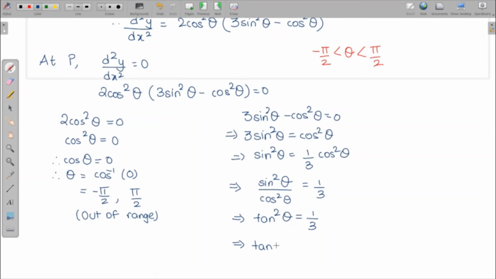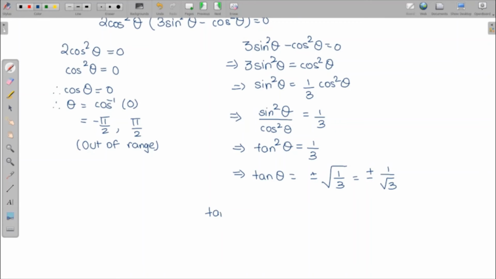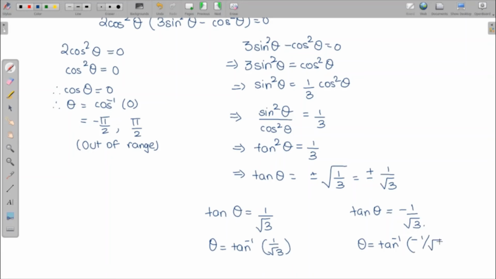So I can now write that tan theta is equal to plus minus square root of 1 by 3, and square root of 1 is 1, so this can also be written like this. Okay, so we have tan theta equal to 1 by root 3, and we have tan theta equal to minus 1 by root 3. So if I find theta from here, it's tan inverse of 1 by root 3, and from here theta will be tan inverse of minus 1 by root 3.